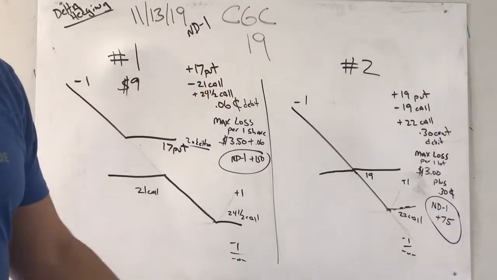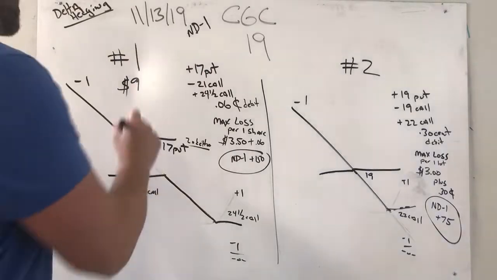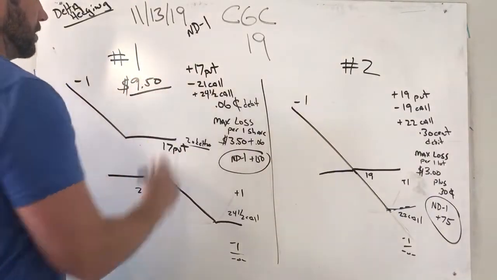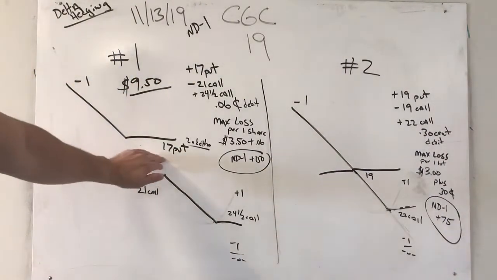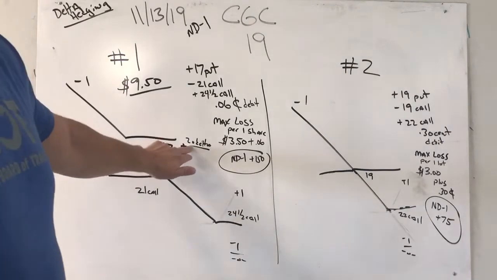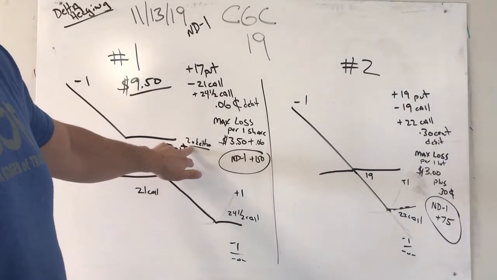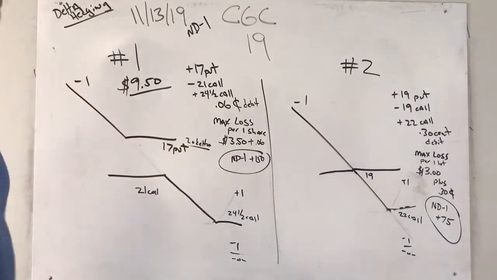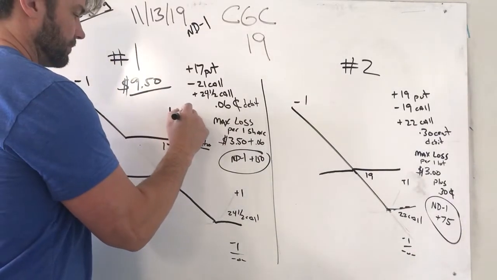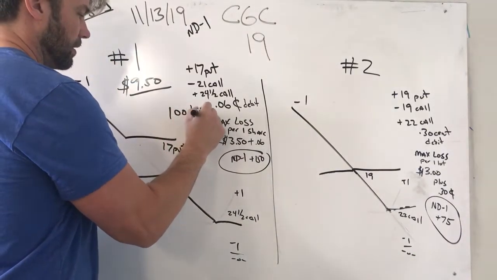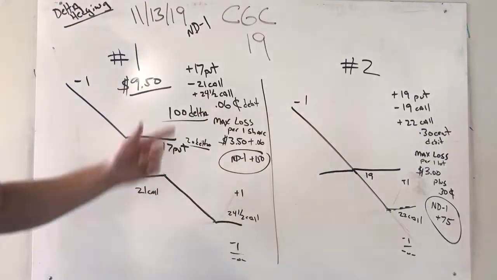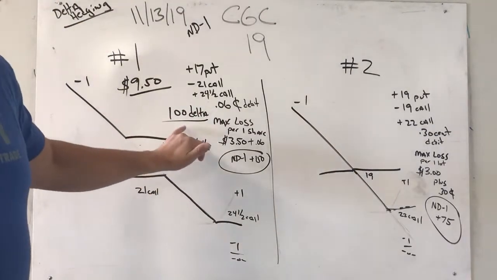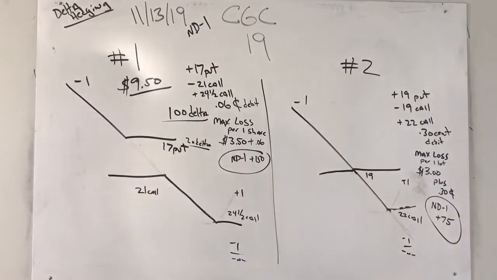So it lost about 50% of its value. Let's say $9.50. This 17 put went from a 20 delta to now it's got 100 delta. That means if we did this trade 150 times, we can buy in 150 shares of CGC.